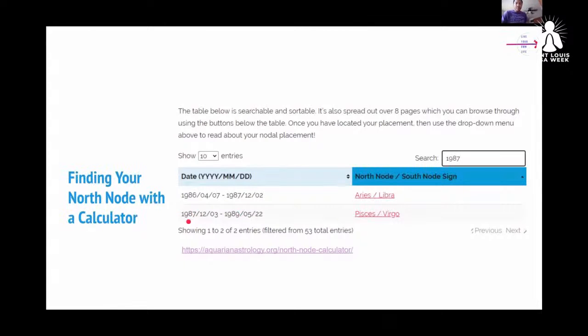So people born in that 18-month window have their North Node in Pisces. The sign on the other side of the slash is the South Node placement, and it's always just exact opposites on the wheel. So once you know your North Node placement, you always know your South Node placement.